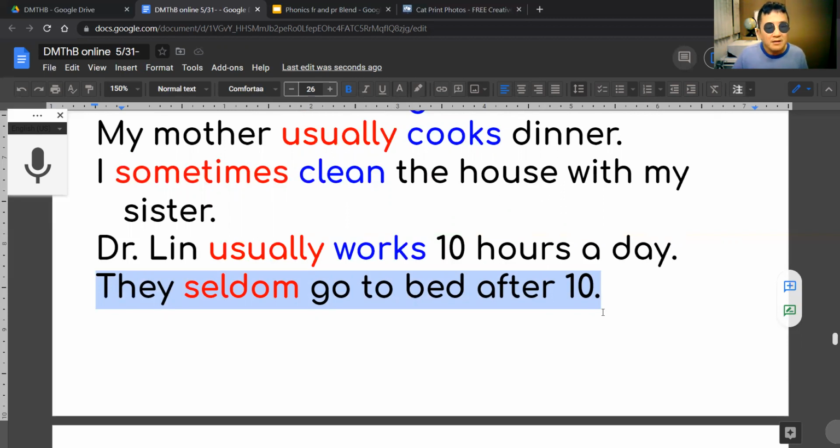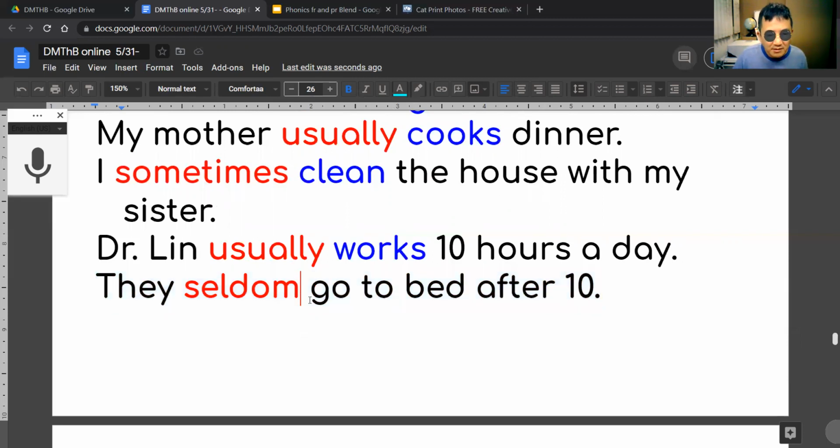Okay, that doesn't matter. Here is the common verb go, and here's the word seldom. It appears before go, right? And where would you put don't? You put it right here. You never disturb this fact that the adverb goes before the verb, okay?